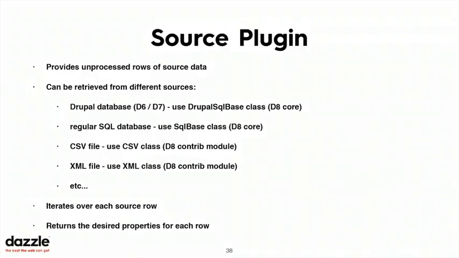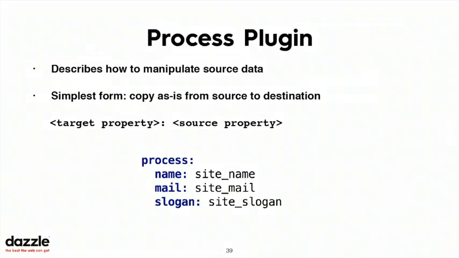Could be just a SQL database, could be Drupal specific, could be a CSV file, XML, JSON, etc. The main purpose of these plugins is to iterate over each row and return the specific properties that are going to be needed in your migration, and push those to the next part, being the process plugin.